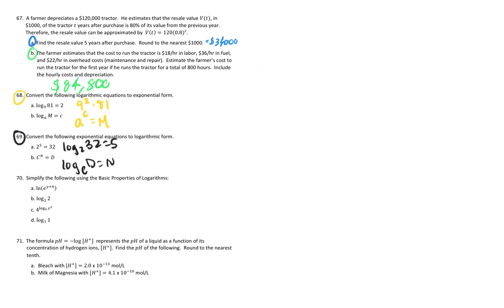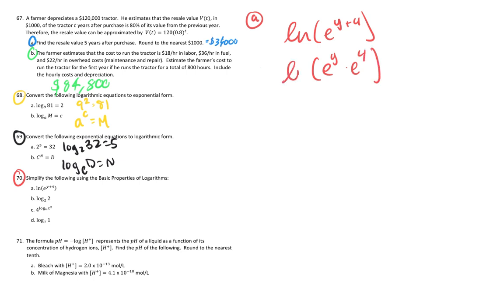Okay, so for number 70, part A, it wants us to simplify these logs using basic properties. So we have the natural log of e to the y plus 4. On the inside, we can change this because of how exponentials work. We know that e to the y times e to the 4, we can separate it like that, natural log.